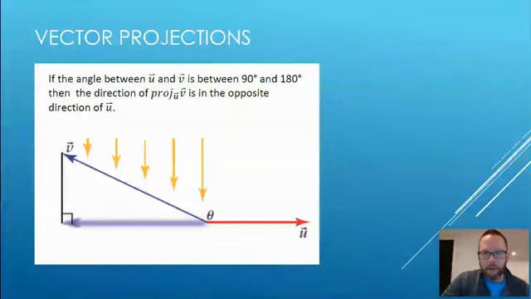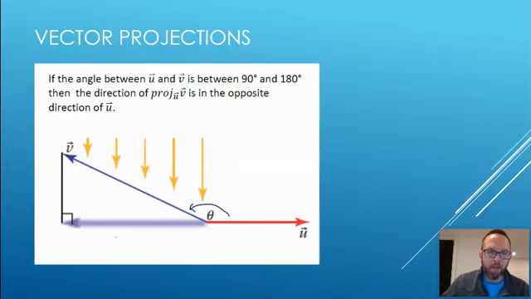So what happens if the angle tail to tail between u and v is obtuse? So if it's between 90 and 180. And remember, angle between vectors is tail to tail, right?